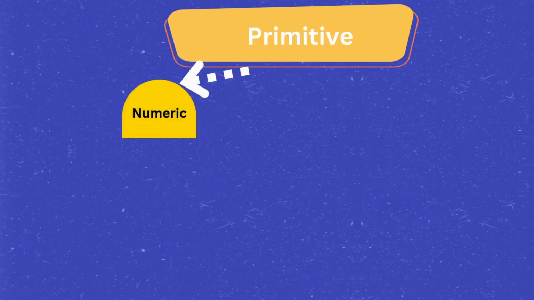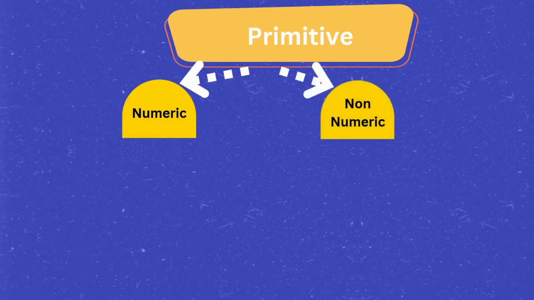So we have primitive data types. In primitive data types, we have numeric and non-numeric. When I say numeric, any kind of numerical value that you want to store, be it a decimal or an integer value, comes under numeric. Non-numeric is, say, I want to store a character, any kind of vowel character A, E, I, O, U, or a boolean value true or false.